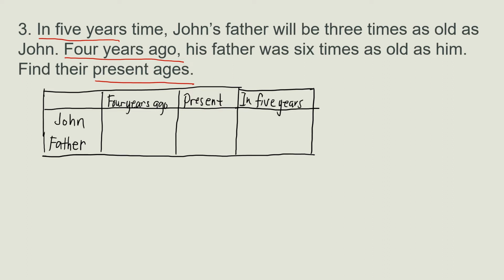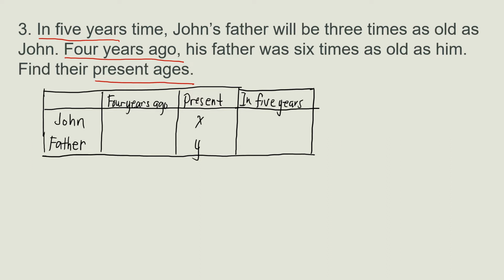Okay, so let's start representing them. Let's start with the present. Let's represent the age of John as X, and for his father, let's use Y. From this, let's write their ages 4 years ago.